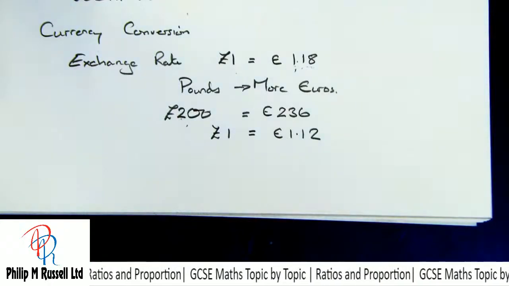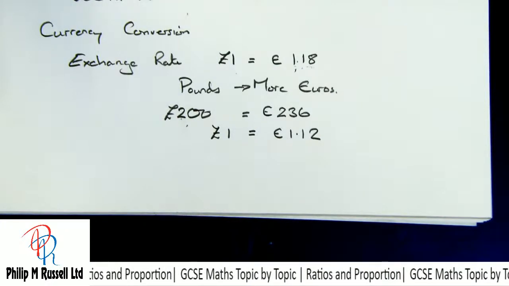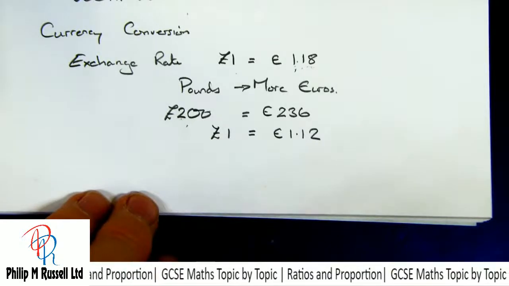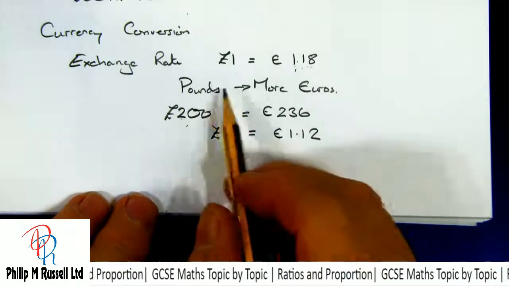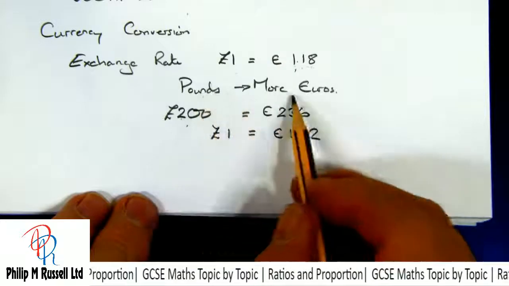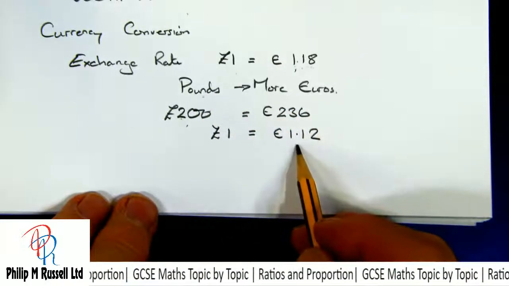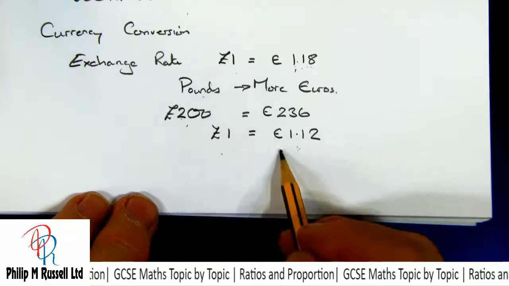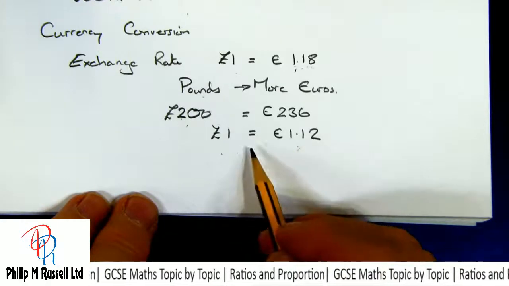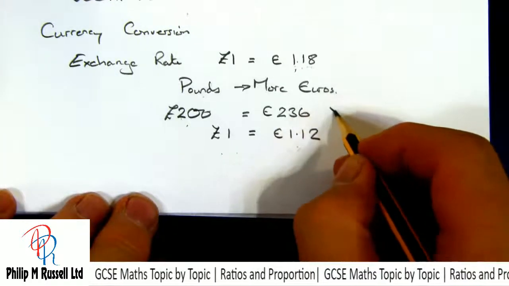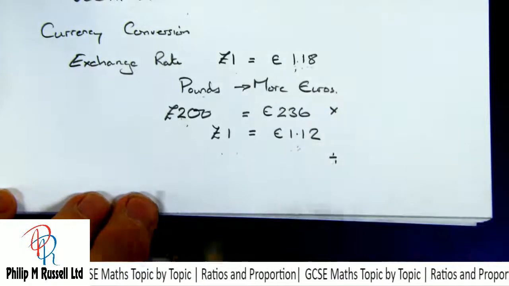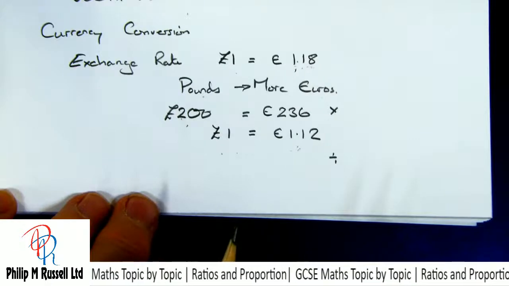The pound is worth less euros. Last time the pounds were going to give us more euros. This time we've got lots of euros and we're expecting a smaller number. When we expected a larger number, we multiplied. When we expect a smaller number, we're going to divide.